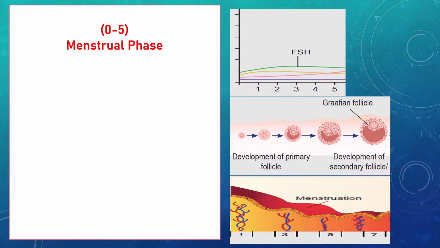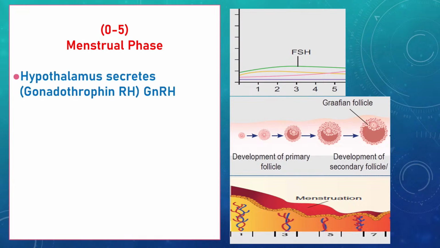So the menstrual phase is from day 0 to day 5, where it starts with the hypothalamus secreting gonadotrophin. It will usually start at day 0. Why not day 1? Because it starts a day earlier than your first day of menstruation.